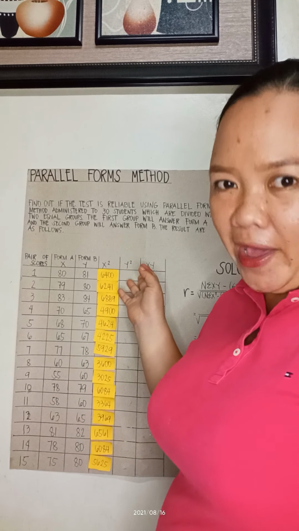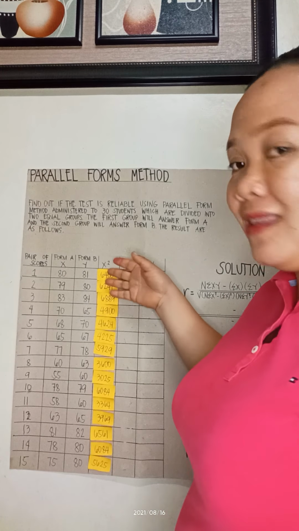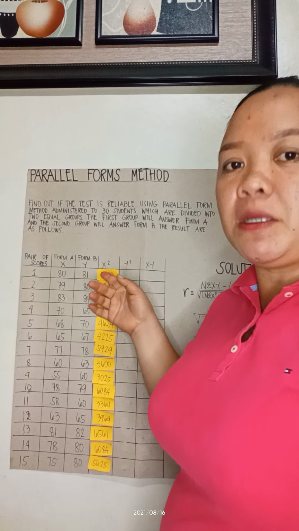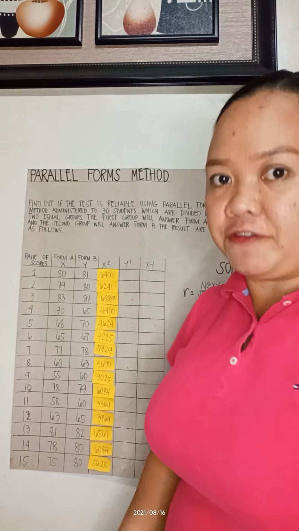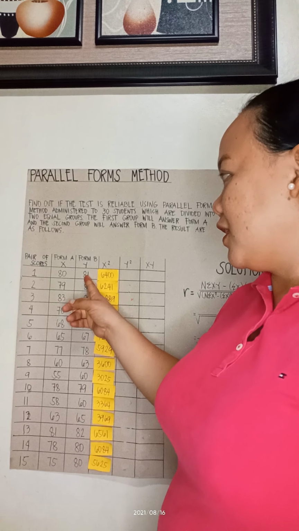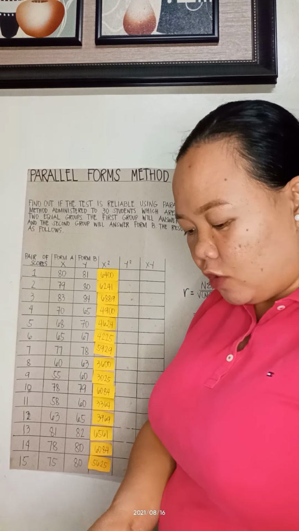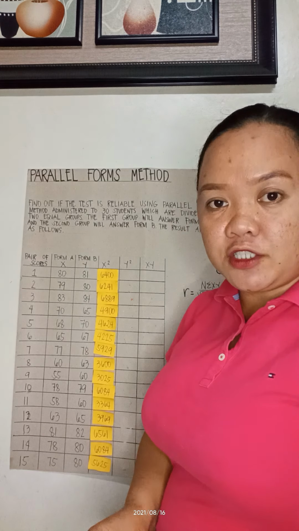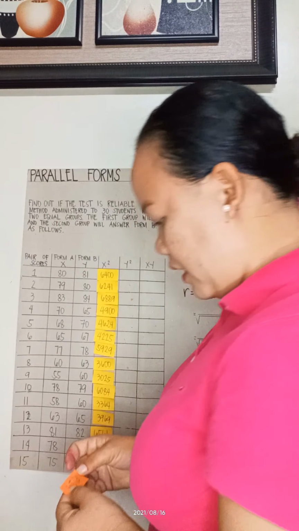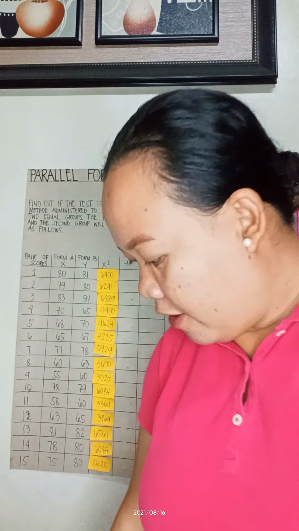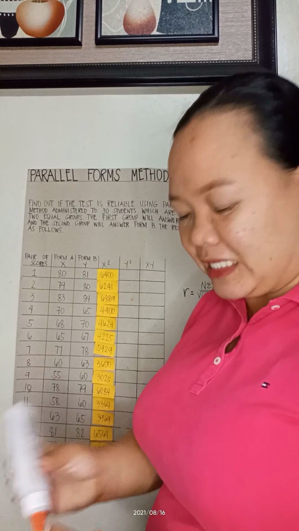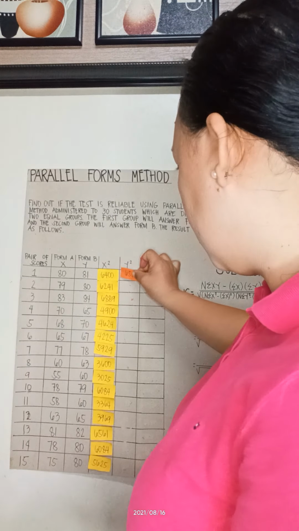Now we will go to y squared. The same as x squared, you multiply the number by itself. Let's start at 81. So 81 times 81 is equal to 6,561.